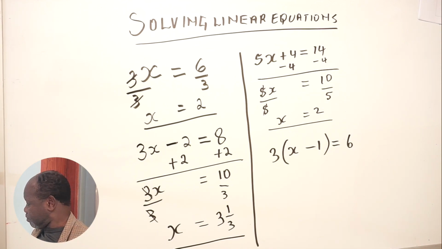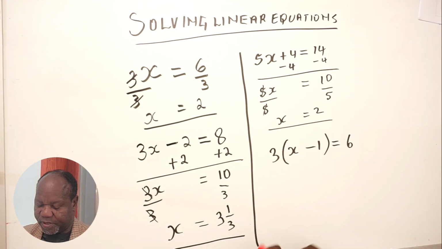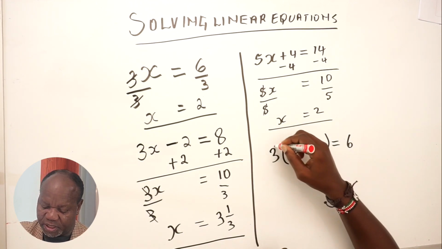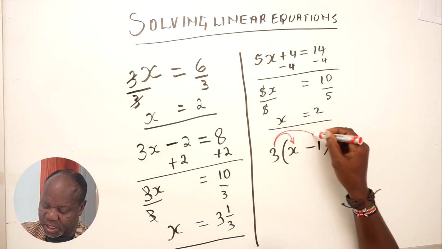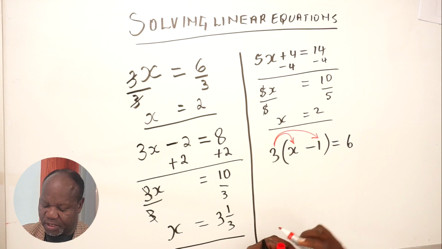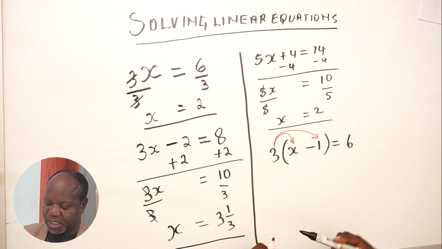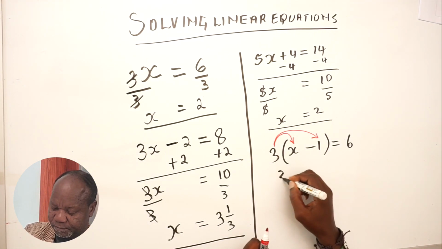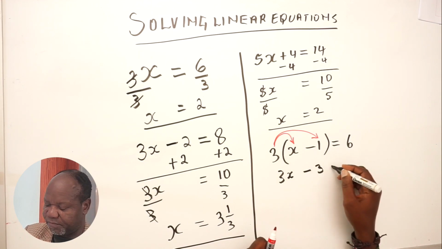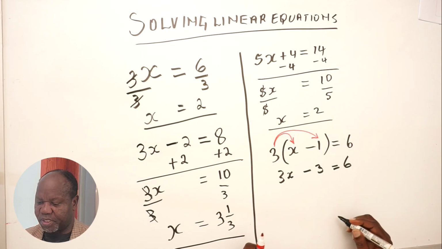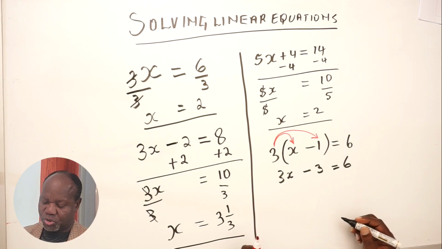And when you're opening brackets, please do not forget this number outside multiplies everything in the bracket, like that. Okay, so you end up with 3 times x minus 3 times 1, which is 3. So you open the brackets first, then you now do what you are doing.